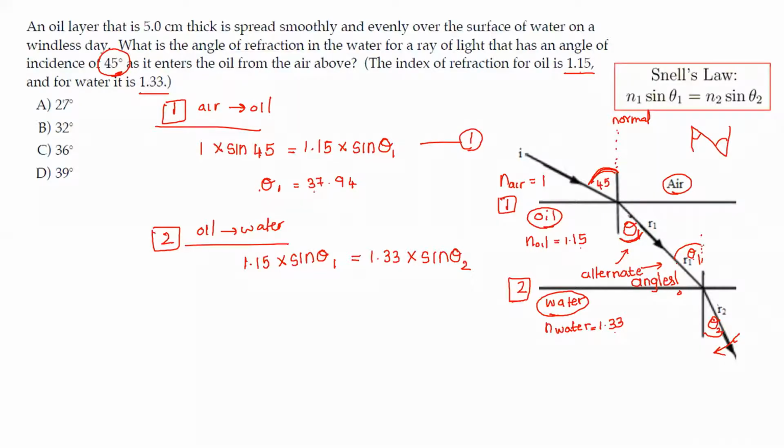So if you have the value of this 37.94, you can substitute it here and get the answer. Or can you see this part right here is the same part as this 1.15 times sine theta?